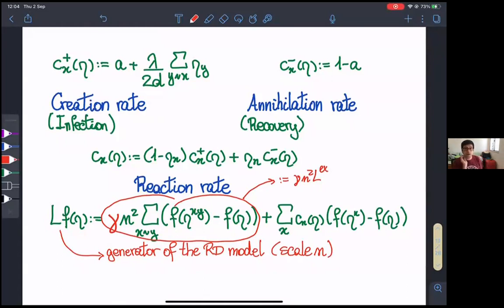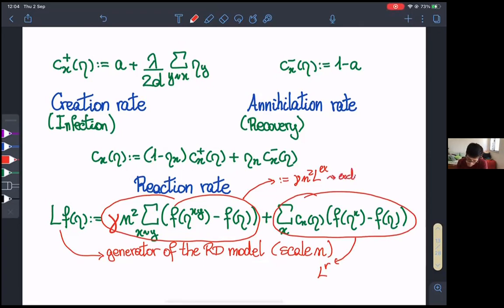Notice that this first sum is also a generator. And the second part is what we call L reaction, from the reaction dynamics. So this is the exclusion dynamics, and this one here is the reaction.